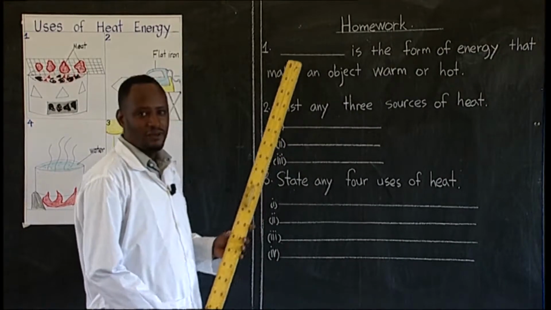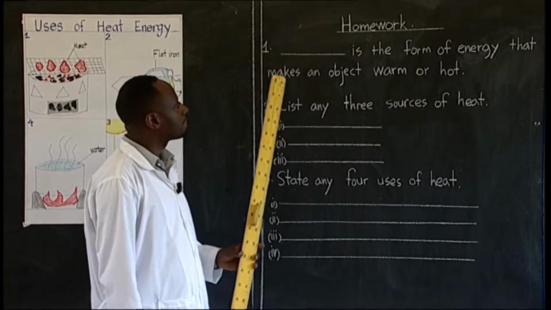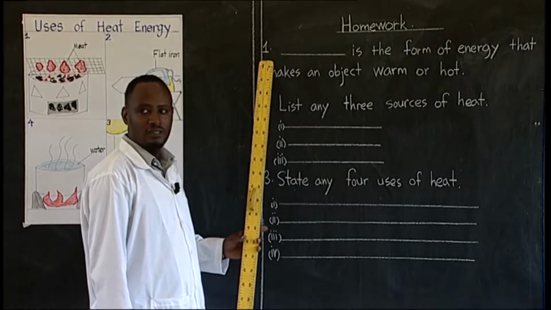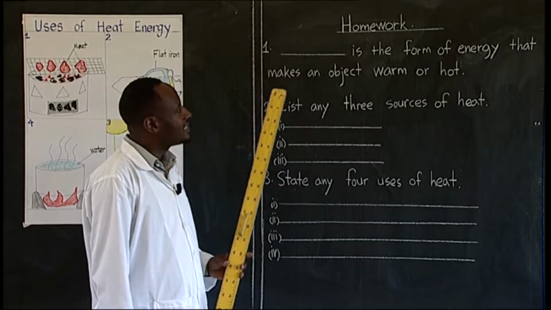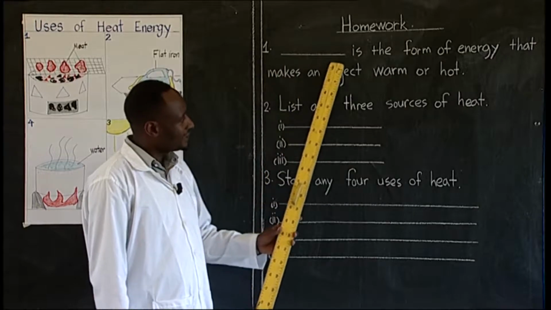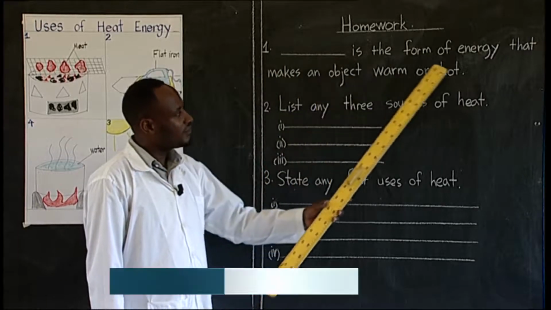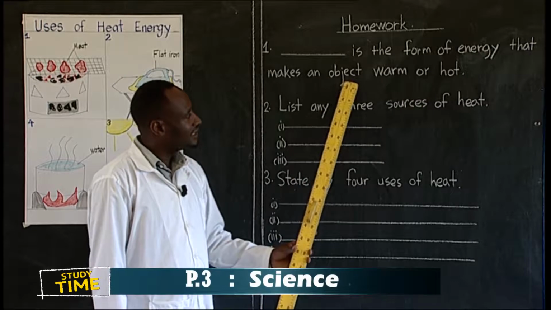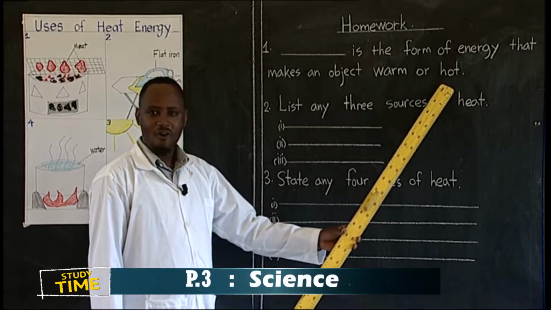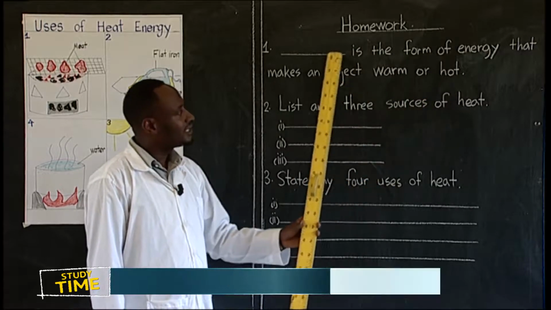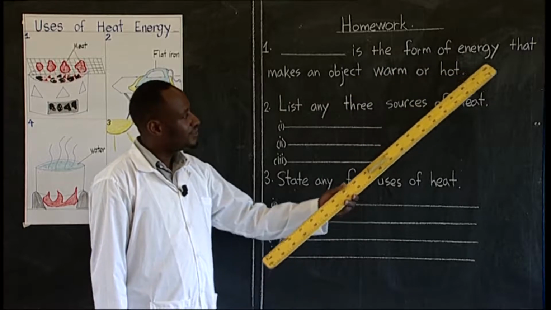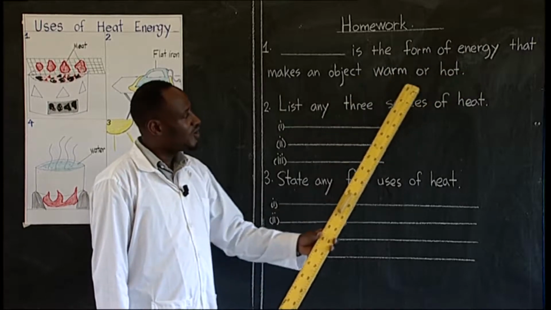This activity is already here for you, whereby we have number 1 as: dash is the form of energy that makes an object warm or hot.